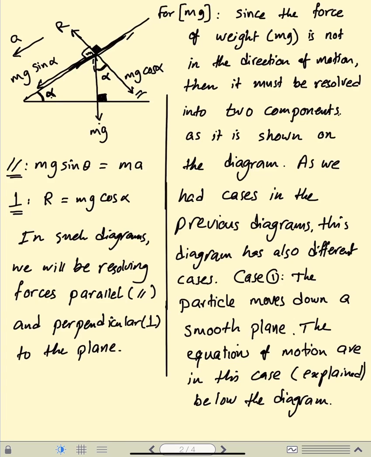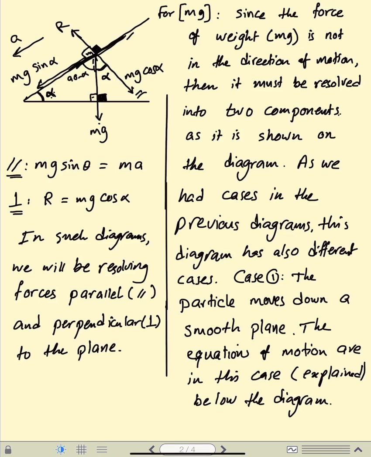Why? Quickly, we don't need to go deep with this, but it's good to understand for a few seconds. Since this is 90 degrees, this and this add up to 90, so this is 90 minus alpha. We don't need this to resolve forces, but it helps to understand other diagrams in general.